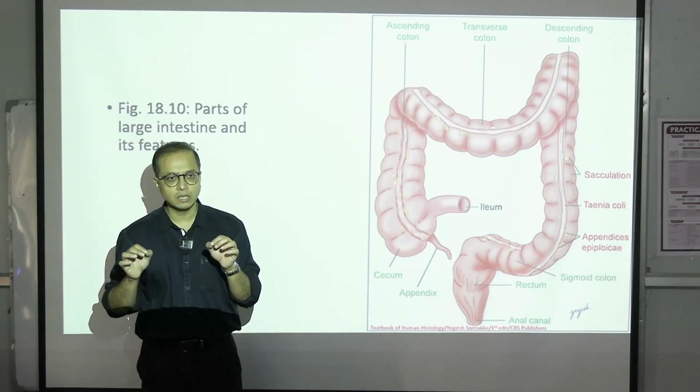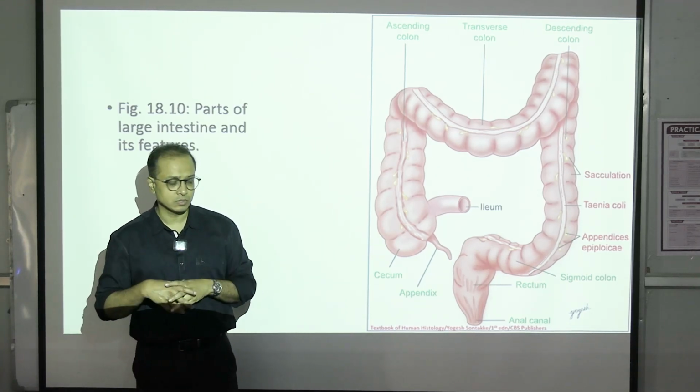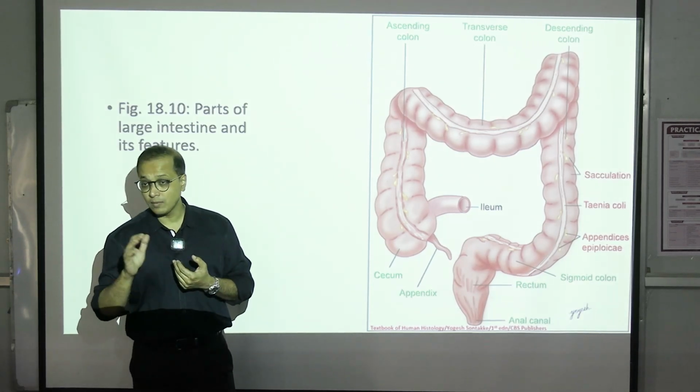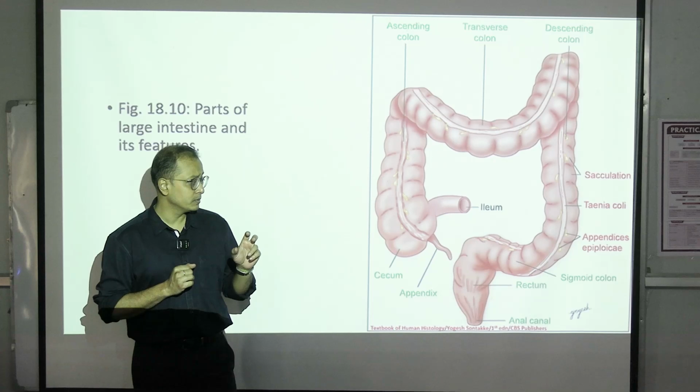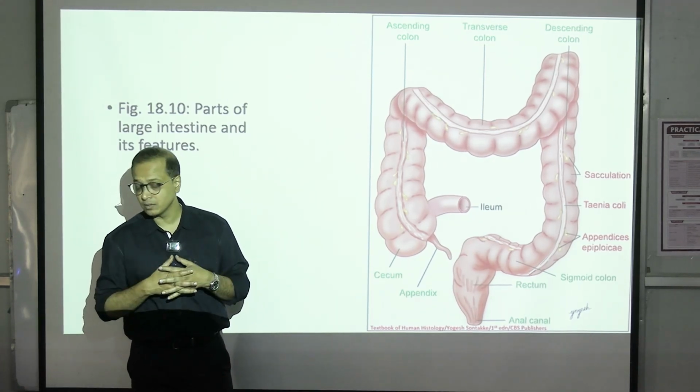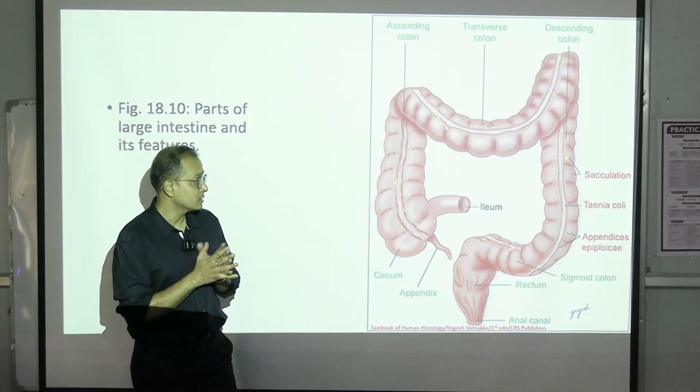Many times we see that it is breached, not continuous as it used to be before. Then we have the submucous layer, which does not have any glands, and this submucous coat has a lot of collagen fibers. It is dense and rigid.